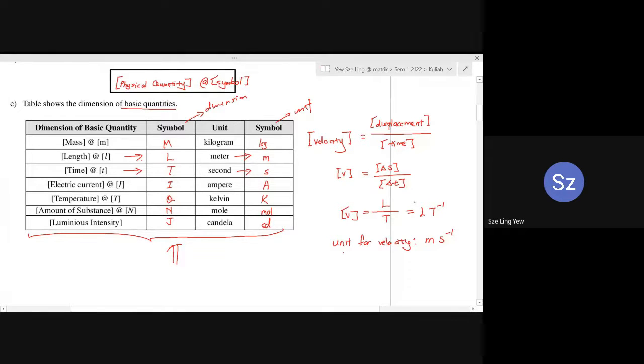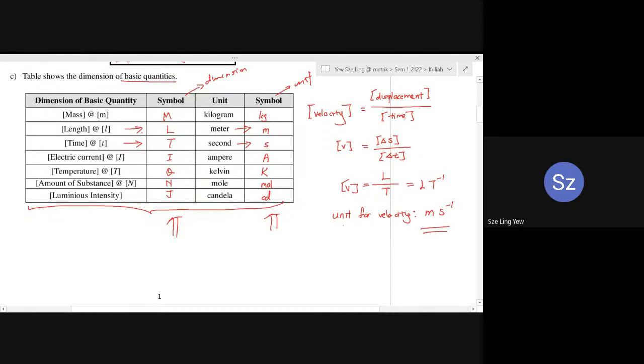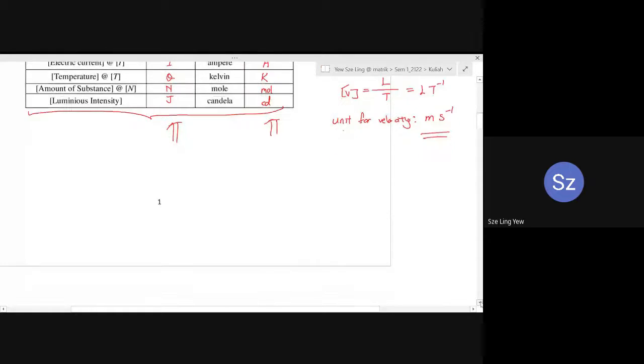So you have to do it step by step until you reach the final answer, where you can get the unit in terms of SI base quantities. So for a derived quantity, you can use this to derive the SI unit for any physical quantity. All right, so that is dimension.